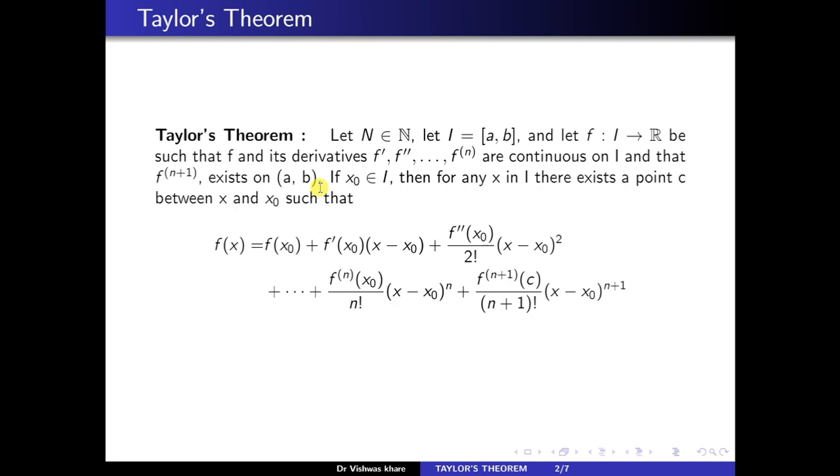on the open interval (a, b). If x₀ is any point of I, then for any x in I, there exists a point c between x and x₀ such that f(x) can be written or expanded like this: f(x) is equal to f(x₀) plus f'(x₀)(x minus x₀), plus f''(x₀) divided by factorial 2 into (x minus x₀) squared, plus and so on, f^(n)(x₀) divided by factorial n into (x minus x₀) to the power n, plus f^(n+1)(c) divided by (n+1) factorial into (x minus x₀) to the power n+1.